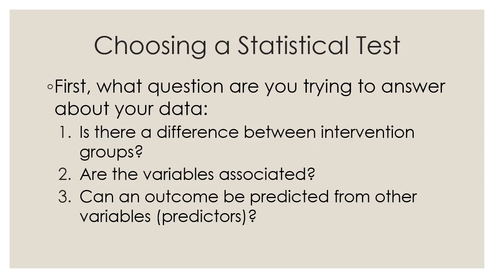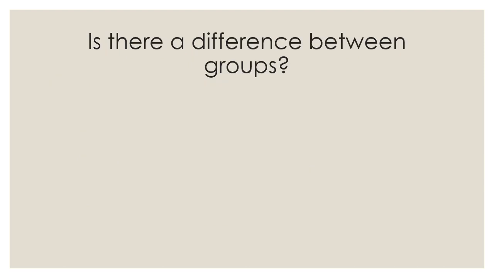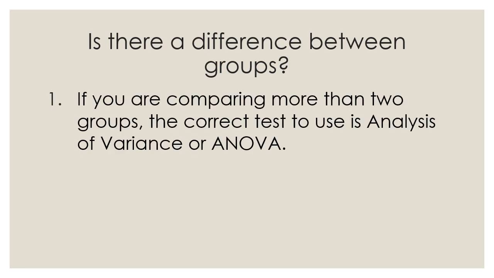So now let's go through each one of these questions and see how we may use a statistical test to try to answer them. So let's start with, is there a difference between groups? So first you got to determine how many groups you're comparing. If you're comparing more than 2 groups, the correct test to use is analysis of variance, or ANOVA.